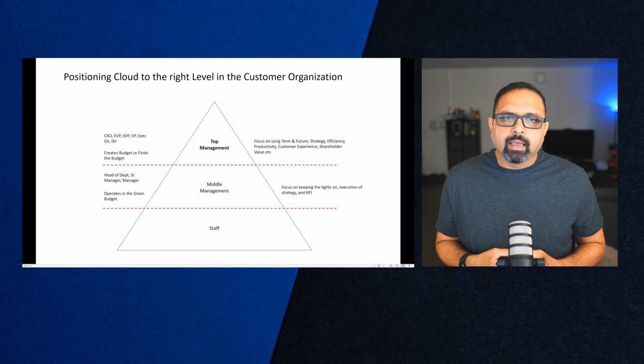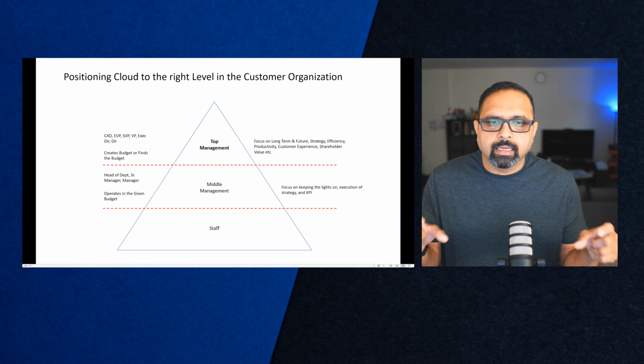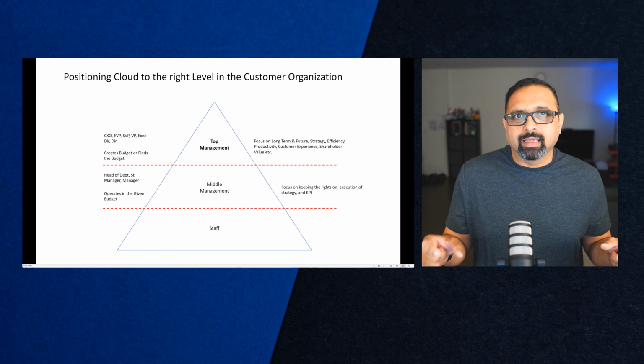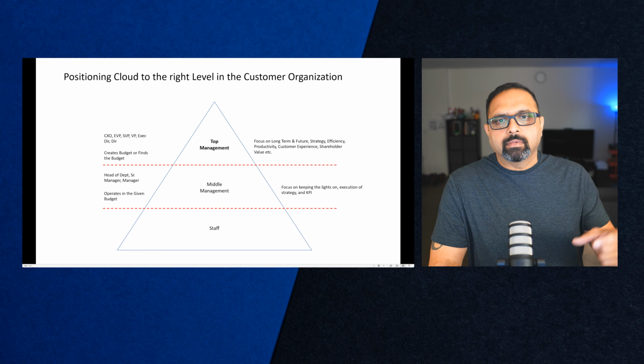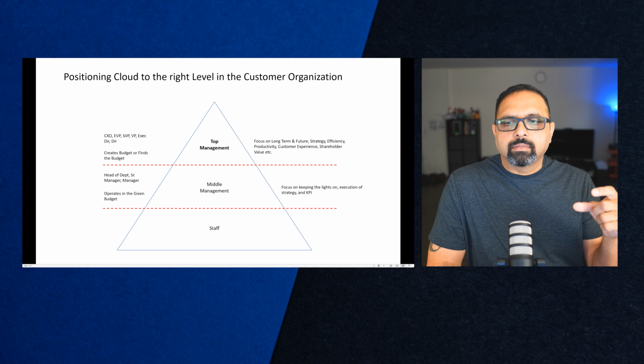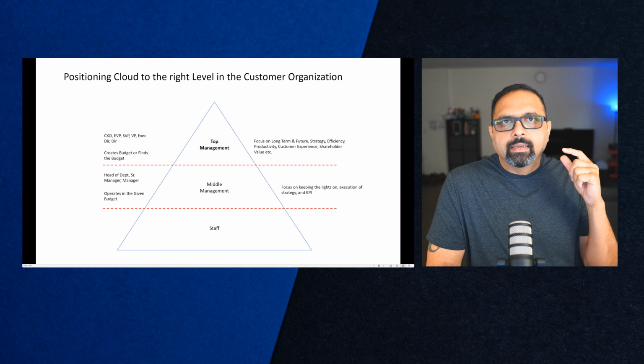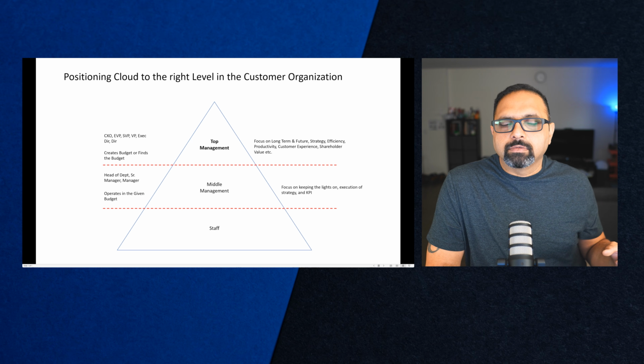Generally, cloud solutions may not factor in for these people very quickly. Especially if you're trying to sell a big-ticket item, you will struggle with the middle management if they have not factored the budget for the solutions you're selling.